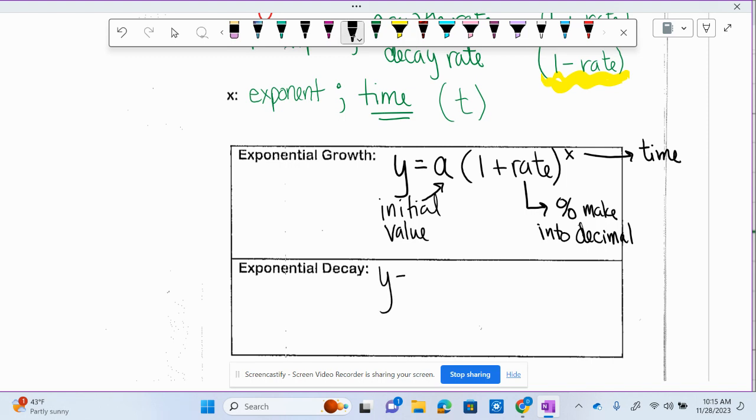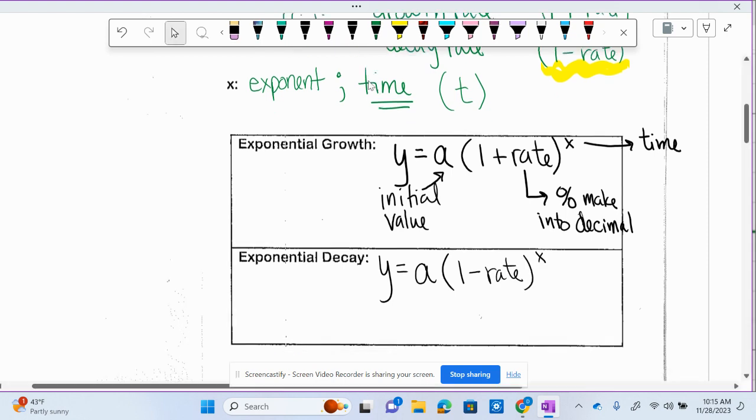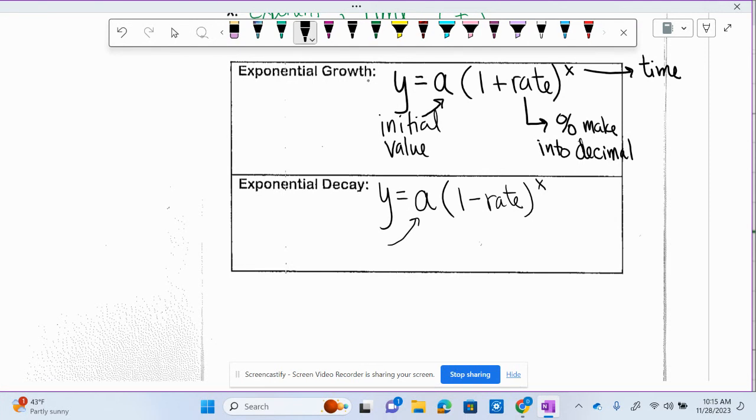So Y equals A times 1 minus the rate to the power of X. But everything else is the same. A is your initial value. Your rate is a percent that you turn into a decimal. And X is time.